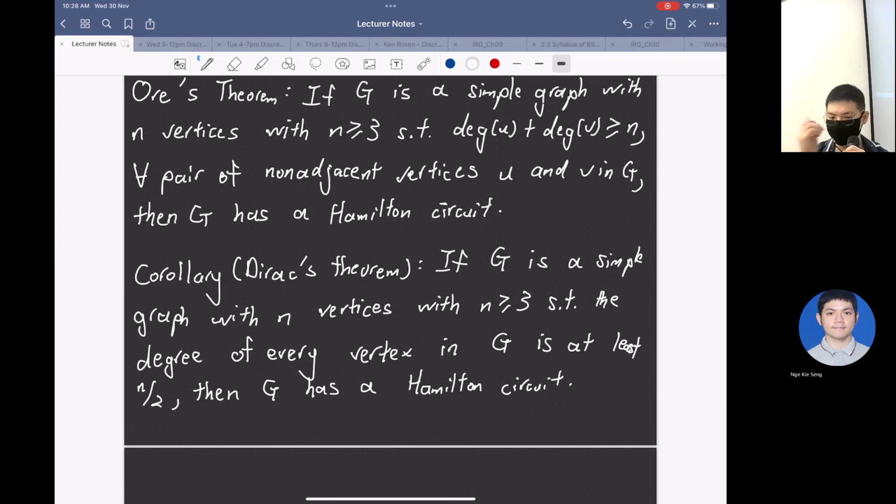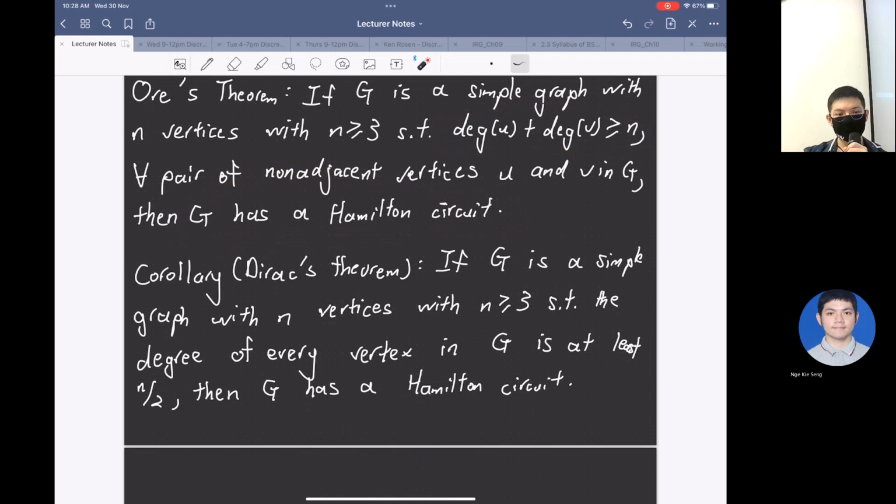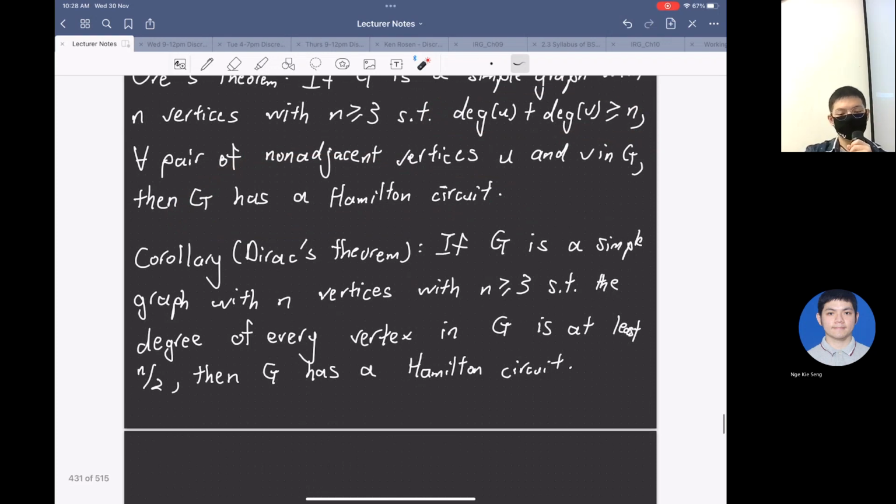But maybe you can ask whether these converses are true or not. If you have a Hamilton circuit, is it true that the sum of the degrees is greater than or equal to n? It turns out that the converse of Ore's theorem is false.